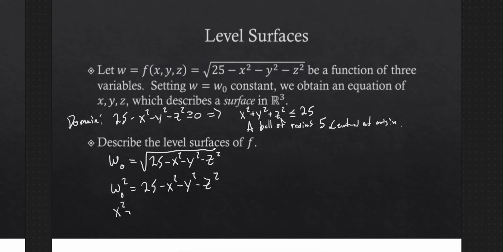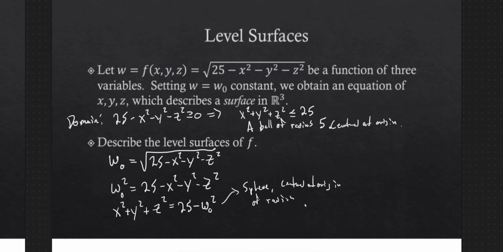I'm going to get x squared plus y squared plus z squared equal to 25 minus w naught squared. And so this is a sphere, right? I should get a surface out, a sphere centered at the origin still, of radius square root of 25 minus w naught squared.